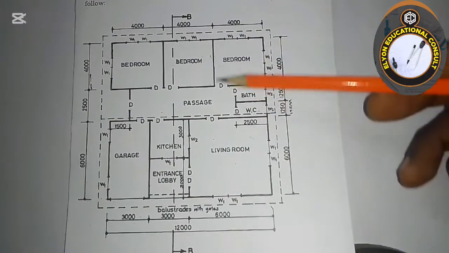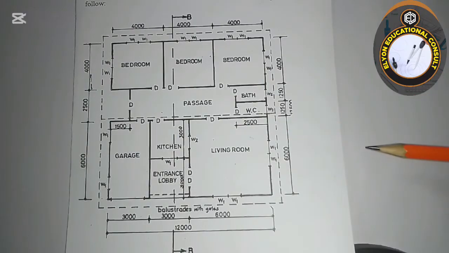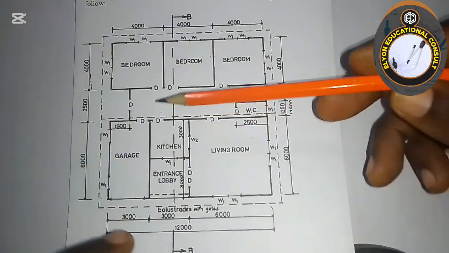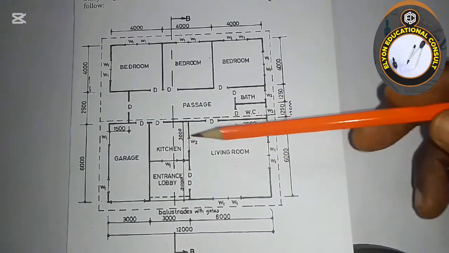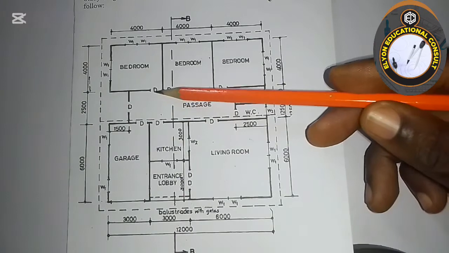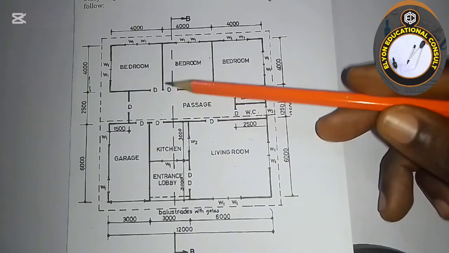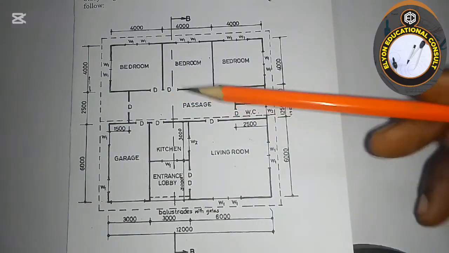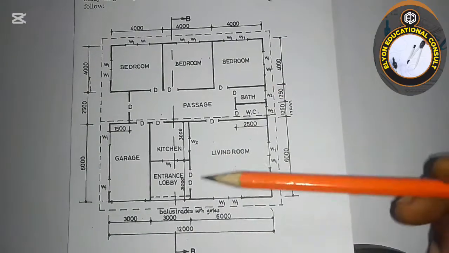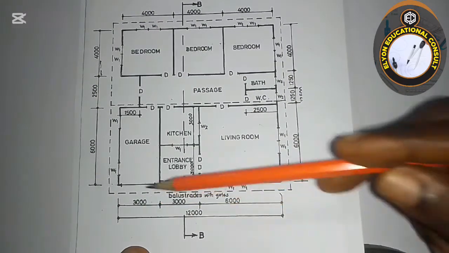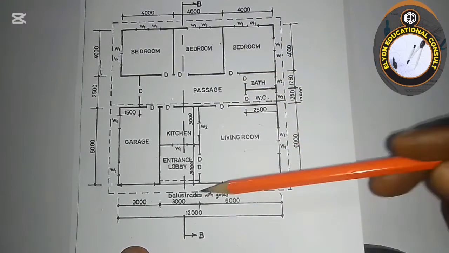That means it's more or less like replicating what you have here on this floor plan on paper, but showing some details and using symbols to represent some of the component parts. Like for this door, it's not going to be drawn this way. You are going to put in the symbol, which I'm going to be letting out in this introduction. Then the dimension for each part of the building is given to us.